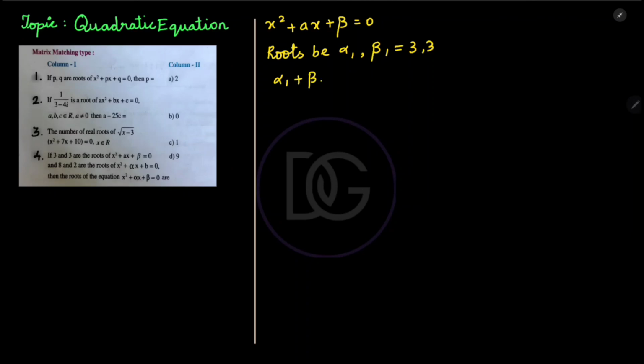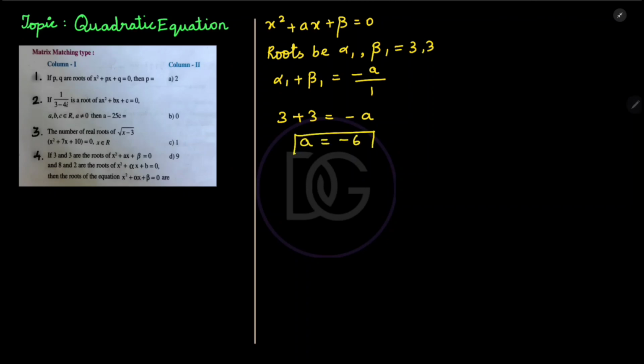So the sum of the roots, alpha 1 plus beta 1, equals minus the coefficient of x, that is a, divided by the coefficient of x square, 1. So 3 plus 3 equal to minus a, then a equal to minus 6.